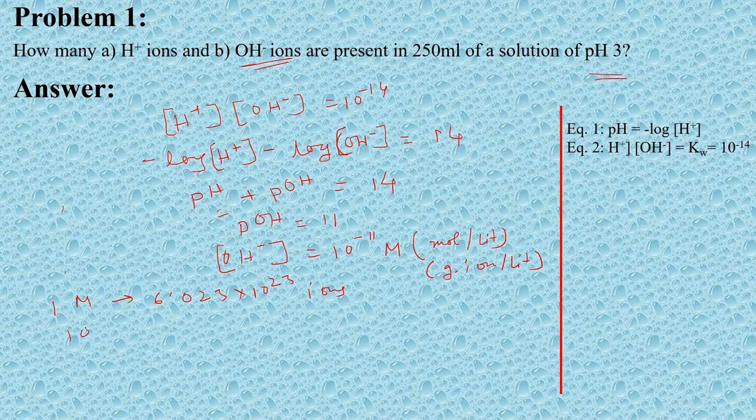So 10 to the power minus 11 contains 6.023 into 10 to the power 12, right?